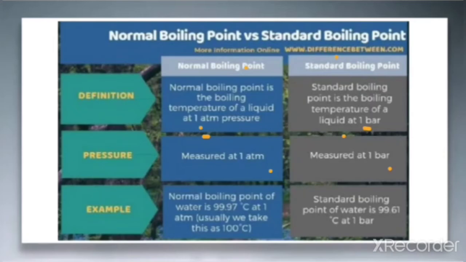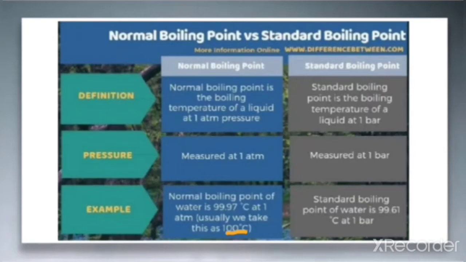When you take the example of water, the normal boiling point is 99.9 degrees Celsius at 1 atmosphere pressure. That is usually represented as 100 degrees Celsius. So you are familiar with this boiling point, 100 degrees Celsius of water. That is actually the normal boiling point.